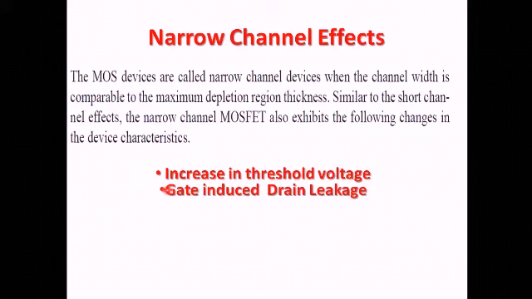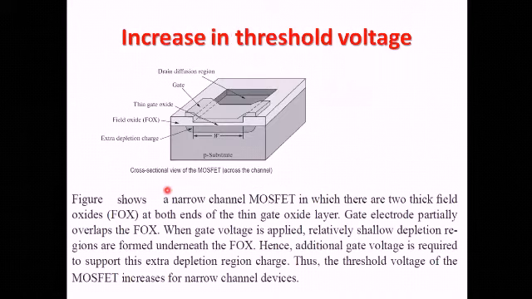Now let us see the increase in the threshold voltage. This is the cross-section view of a narrow channel MOSFET, in which there are two thick field oxides, FOX, at both ends of the thin gate oxide layer.